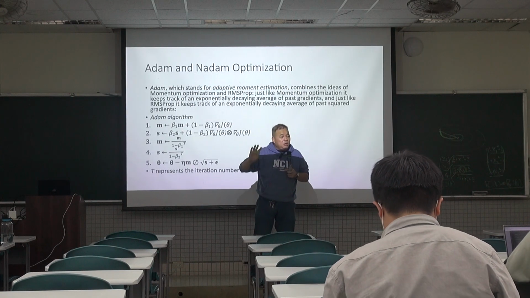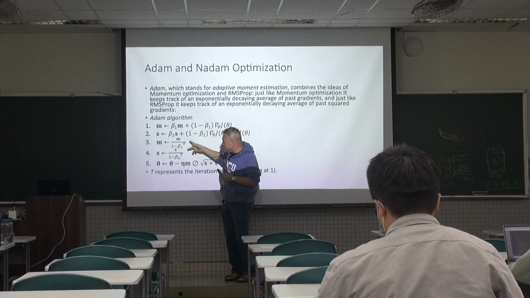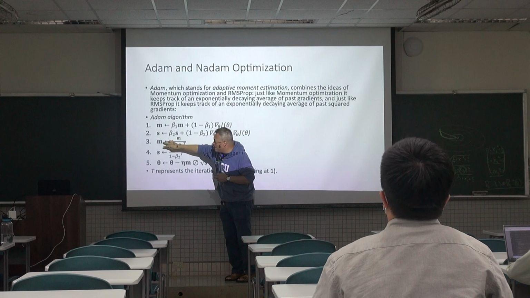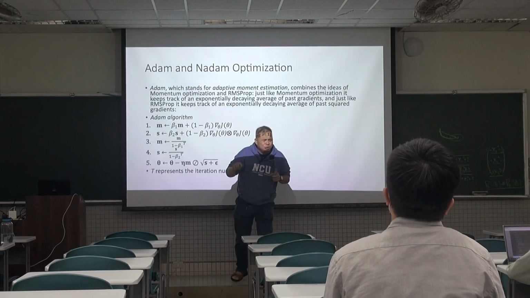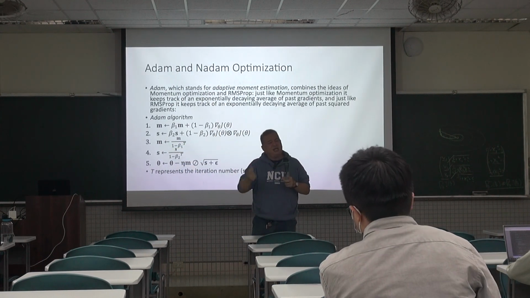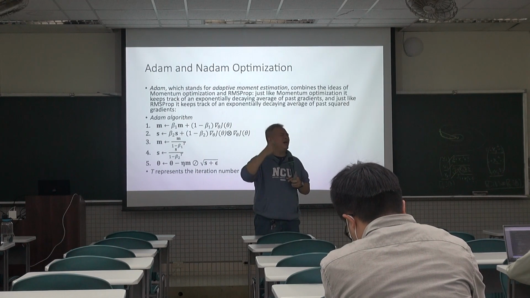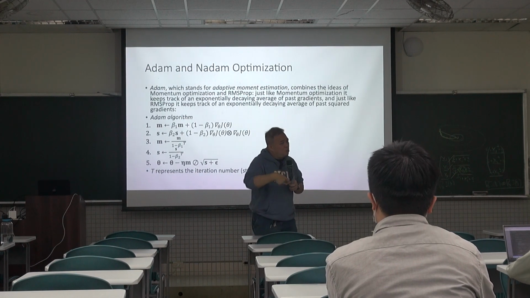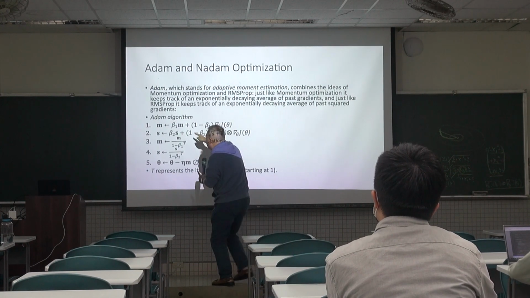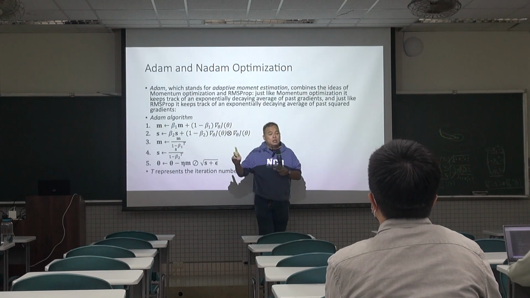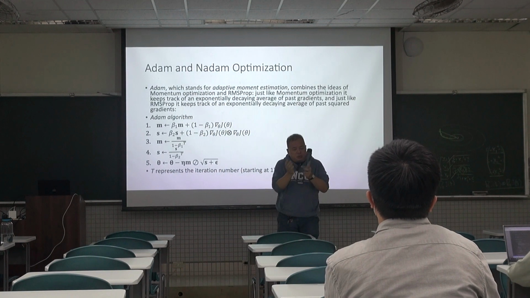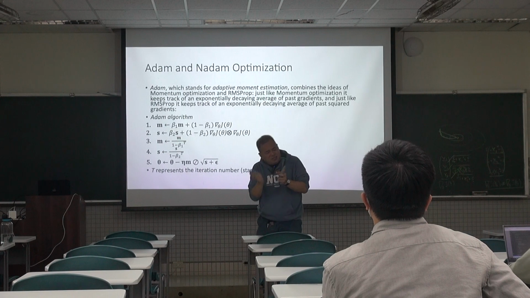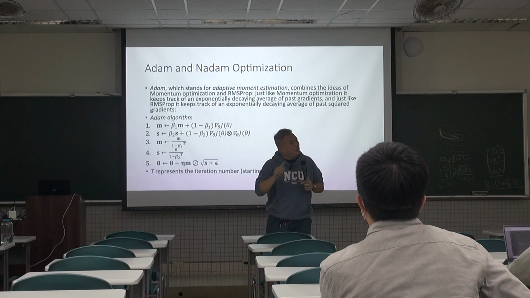We only want these two lines to enlarge the values of M and S initially, because at the beginning M and S are 0. They are too small, especially with this running average, so we intentionally enlarge them a little bit at the beginning.